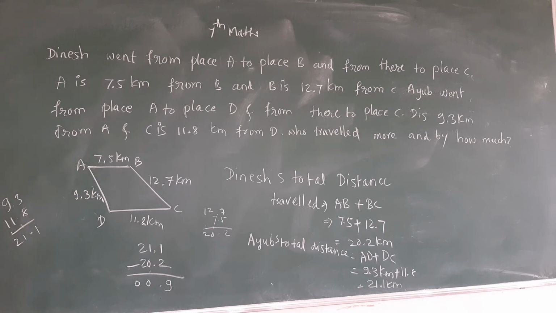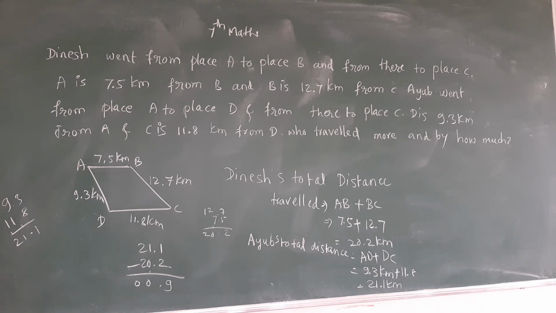So, in the question, what have they asked? Who traveled more? Ayub's distance is 21.1 and Dinesh's total distance is 20.2, which means Ayub's total distance is more, and by how much? We have to subtract Dinesh's total distance from Ayub's total distance, that is 21.1 minus 20.2.